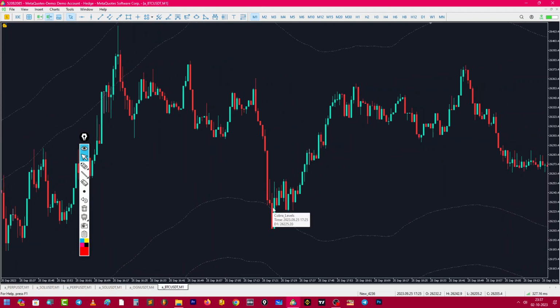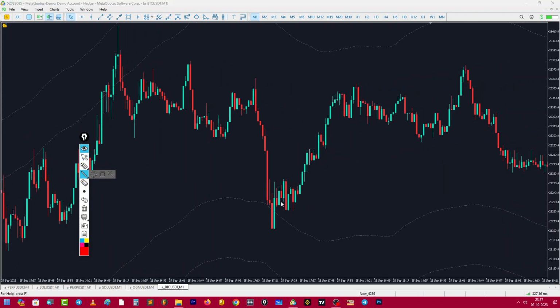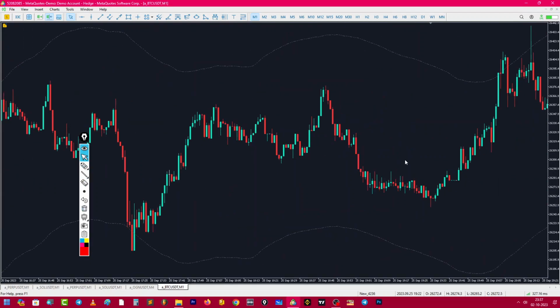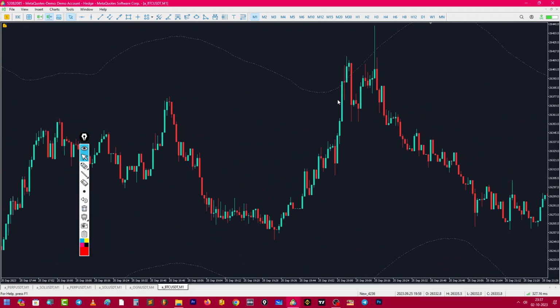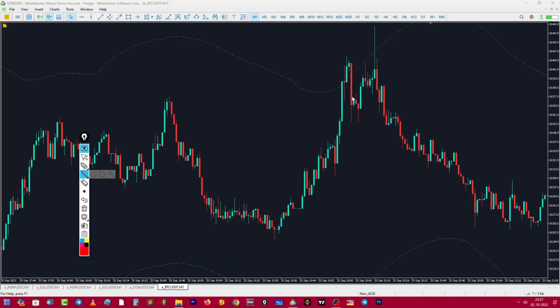Here you can see as soon as price gives a closing above this, this area is your entry. Okay, so I have shown you many examples and you can see how much they are failing and how much they are working. Here you can see the closing, and this area is your entry.